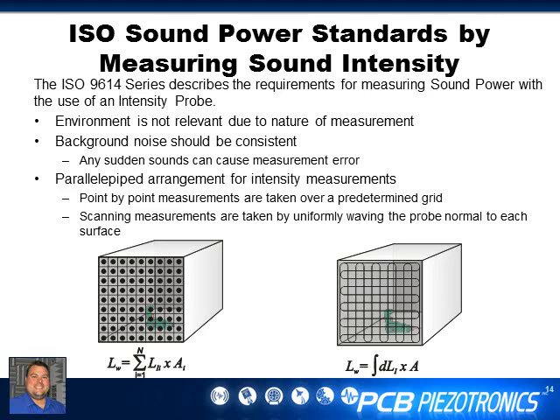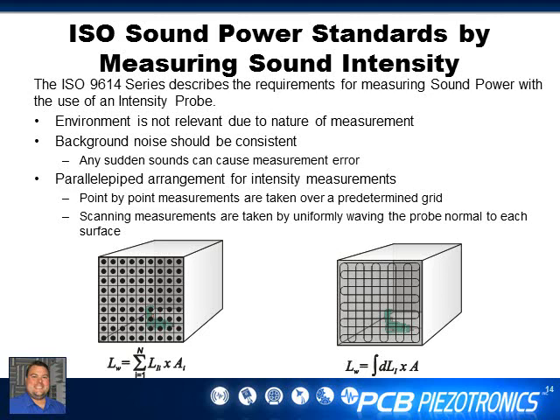The point by point measurement is more accurate. The nice part about that is also some data that can fall out of that is source localization. So if you have a particular noise source, or a part of the structure or the source that you're interested in the sound of, using the point by point measurement, you can get a source localization.